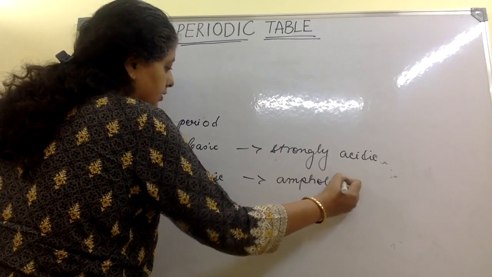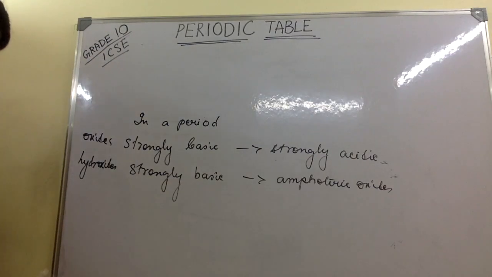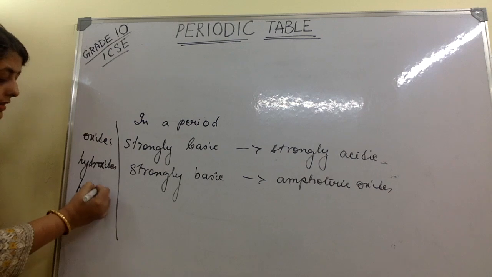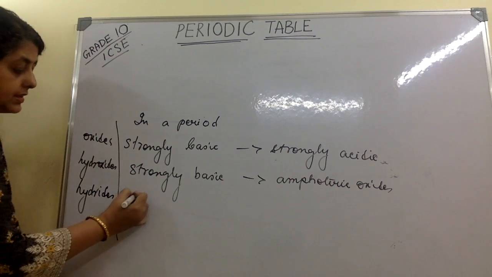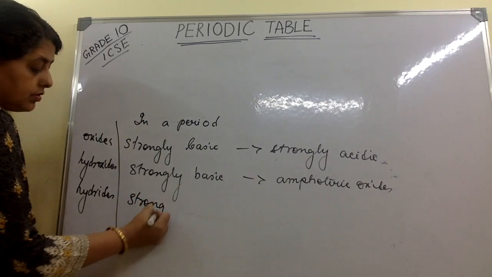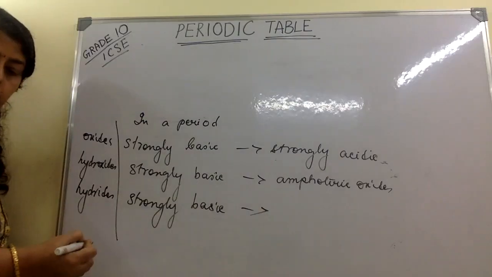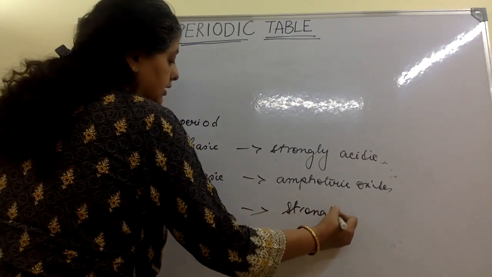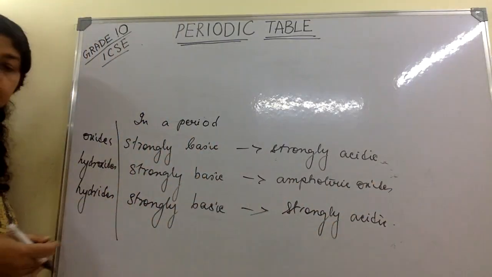Then hydrides. What about hydrides? Hydrides go from strongly basic to strongly acidic. Now all this is for only a period.